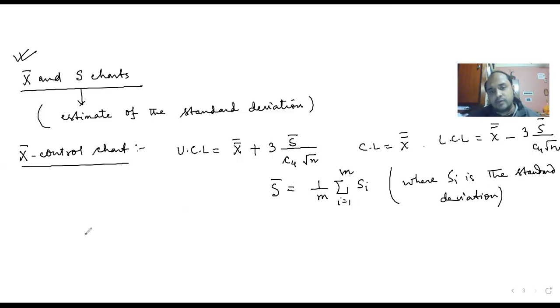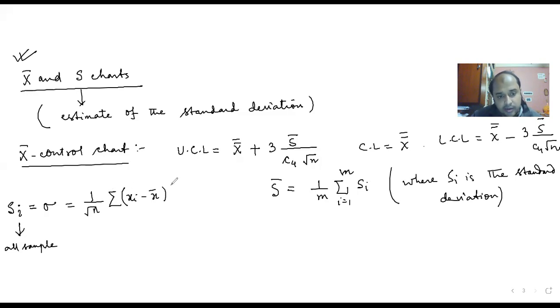Usually we denote standard deviation by sigma. If I'm considering standard deviations for each sample, sample 1, sample 2, sample 3, then the formula is given by the square root of the summation of x i minus x bar whole square. I explained that in my previous class.